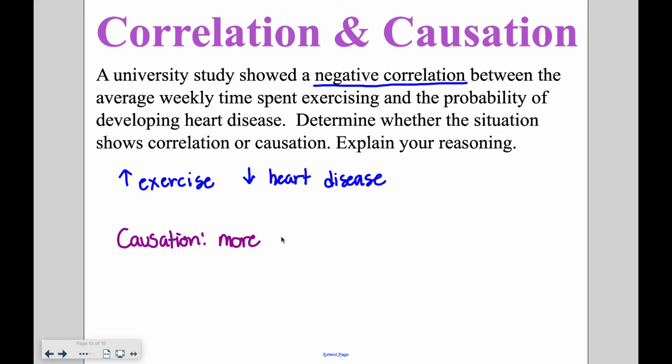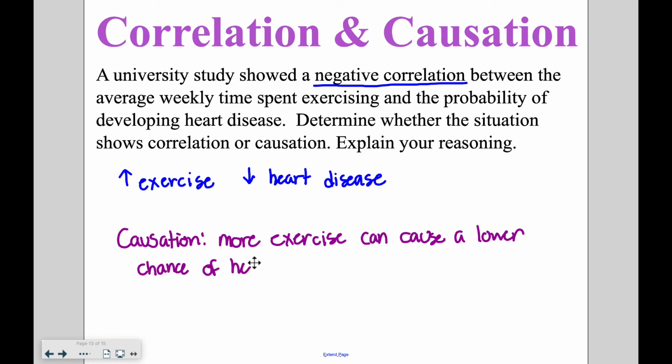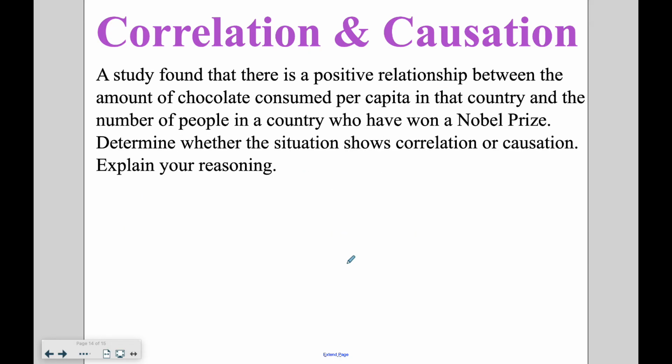More exercise can cause, we can't guarantee it, so we always want to say can cause a lower chance of heart disease. So again, we don't want to guarantee that exercising is going to lower your chance of heart disease, but it could be a causing factor. Go ahead and try this one on your own.